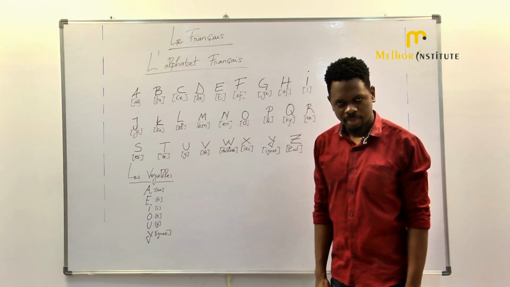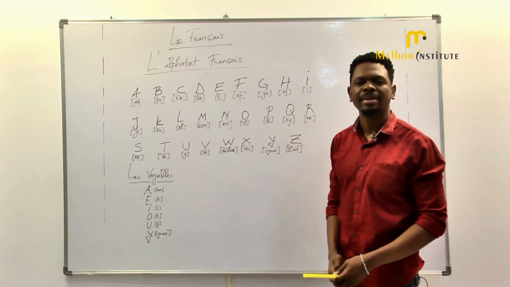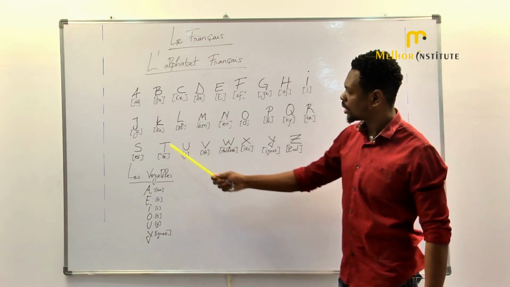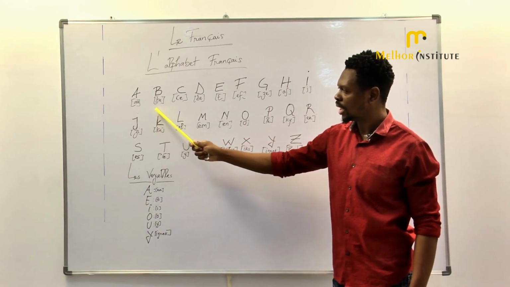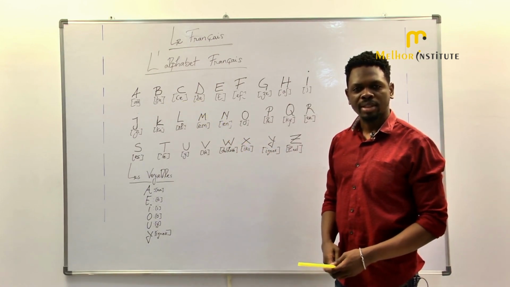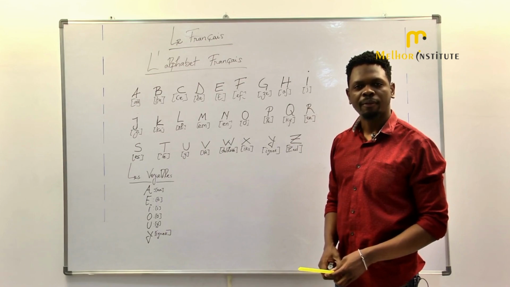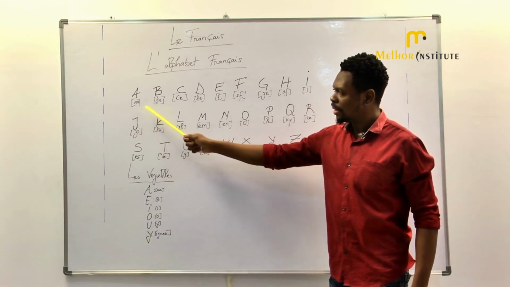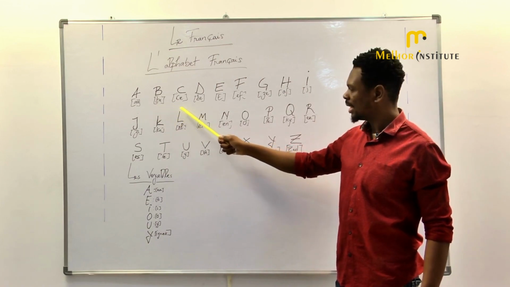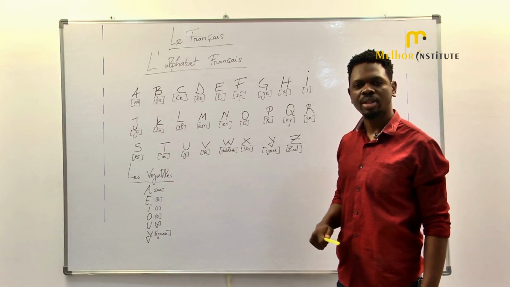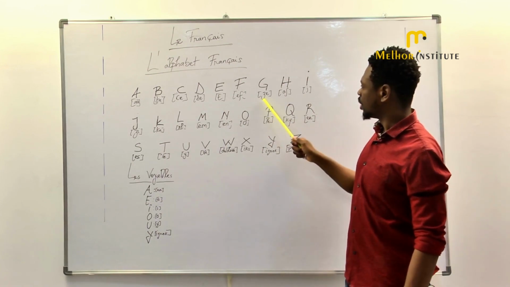L'alphabet français has similarities with the English. Now, you will notice I put below the different types of pronunciations. We call them the phonetics. A, B, C, D, E, F: similarity to English.